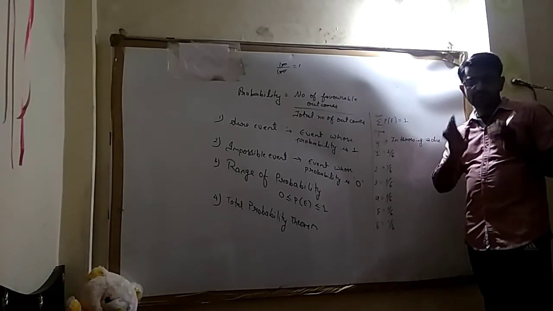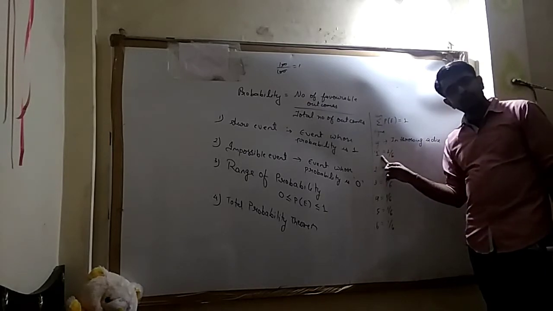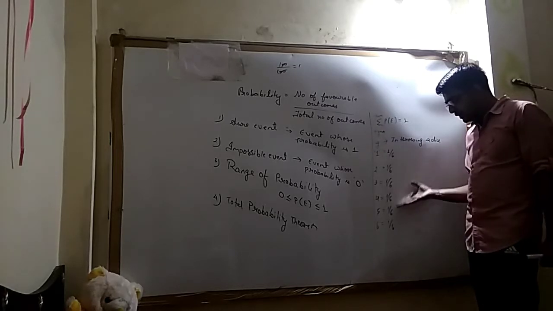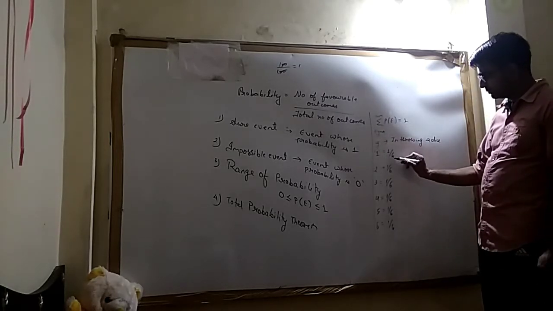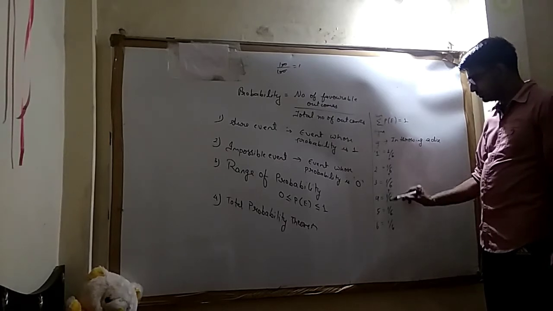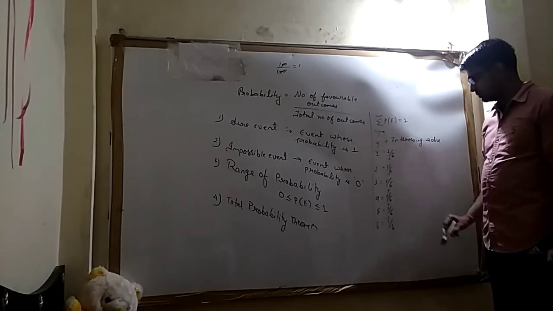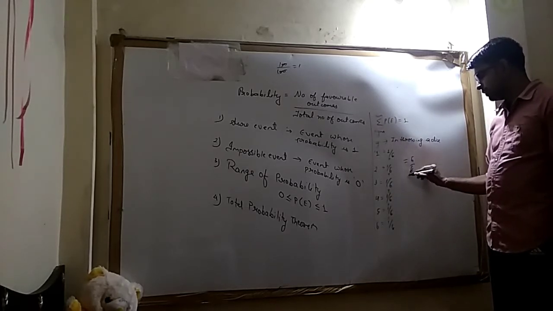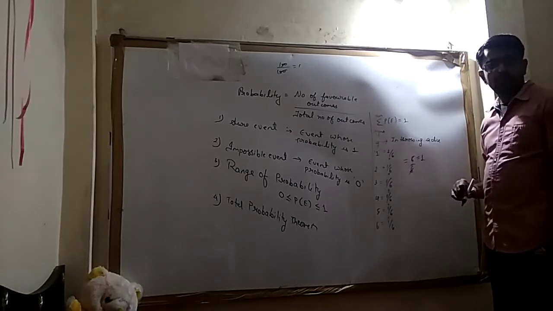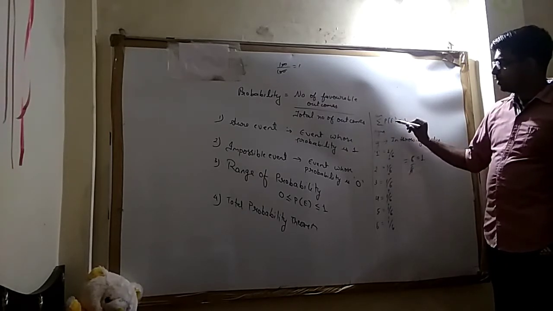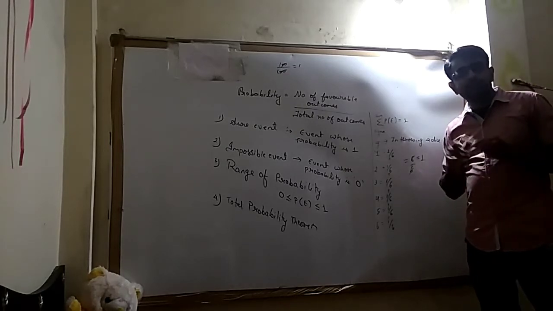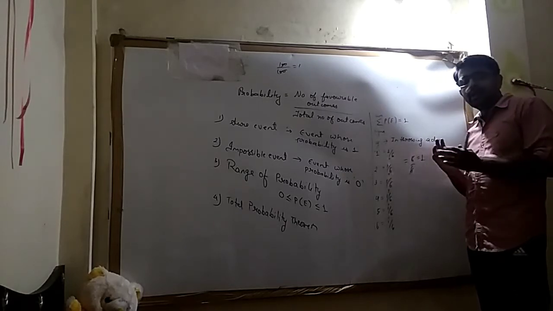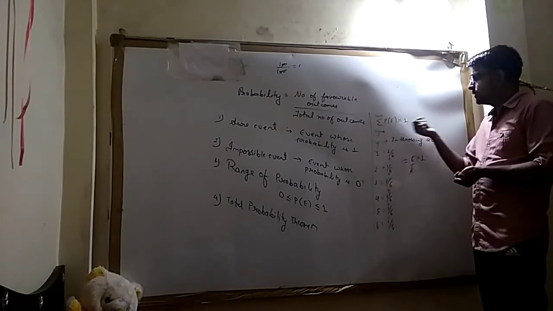Whenever we roll a dice, either we will get 1 or 2 or 3 or 4 or 5 or 6. The probability of all these will be 1 by 6. Now you add this, what will you get? 1 plus 1 plus 1 plus 1 plus 1 plus 1 is 6 upon 6, which is 1. So the sum of all probabilities of any event, all probabilities meaning the total possible outcomes that it has and their probabilities, the sum of that is 1.